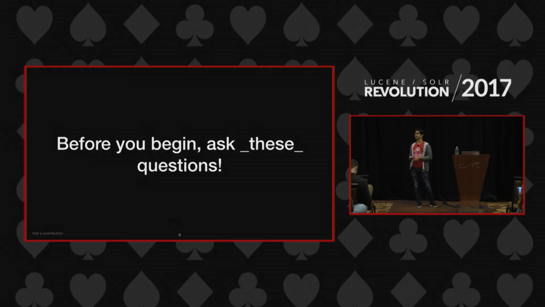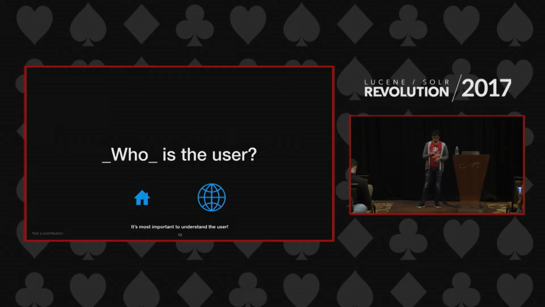Having worked at multiple organizations that are trying to solve the same problem, I've seen a lot of questions going unanswered because the assumption is that those questions are pretty obvious, you don't really need to address those questions, or you never thought about those questions to begin with. So the first most important question is, who's the user, right?